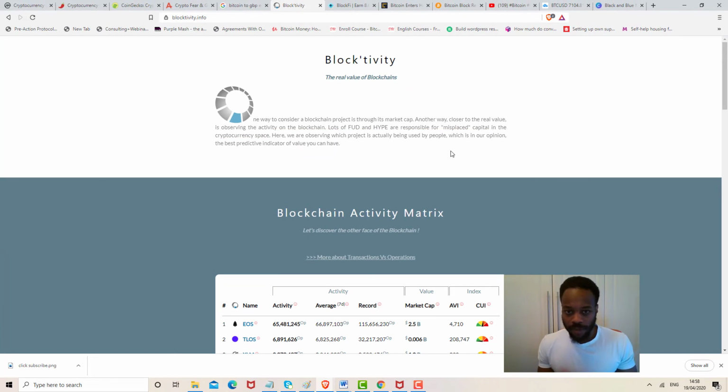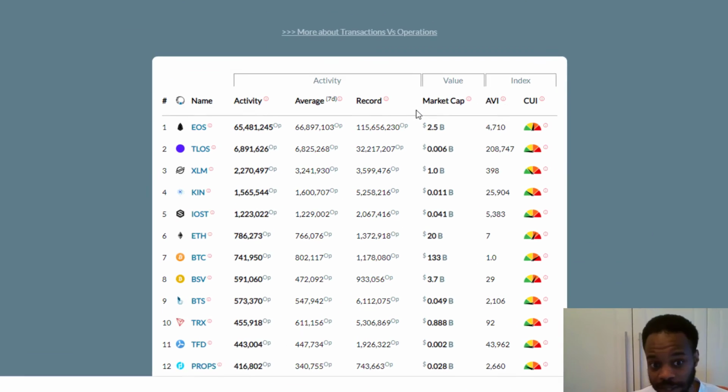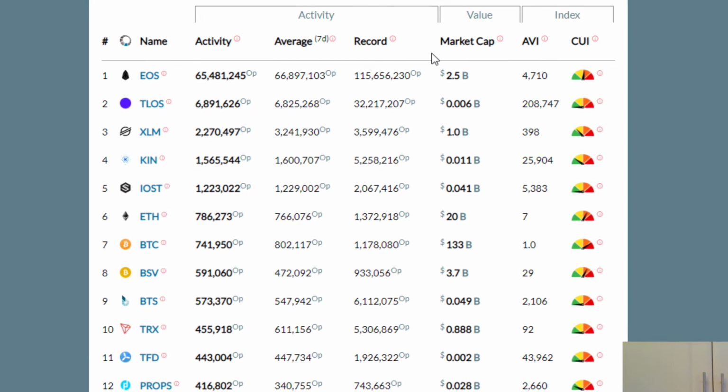So again, what Blocktivity is doing here is taking out all the opinions, the speculation, and all the hype, all the fear, the uncertainty, the doubt, the FOMO, fear of missing out. And what it's doing is essentially looking at the asset based on its usability. So essentially what it's saying is, its usability should be what its store of value is.